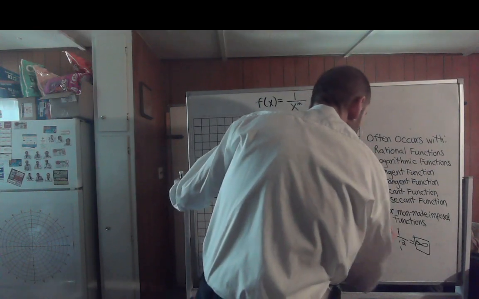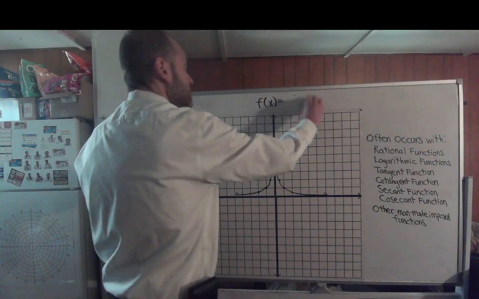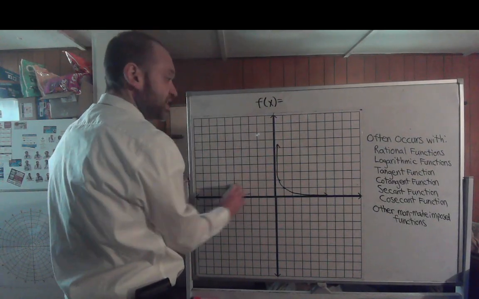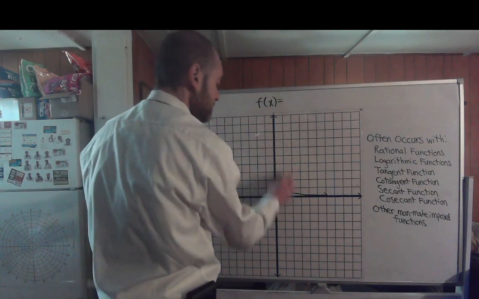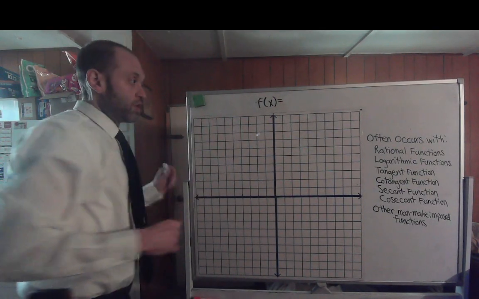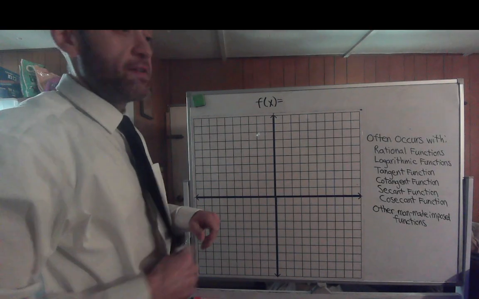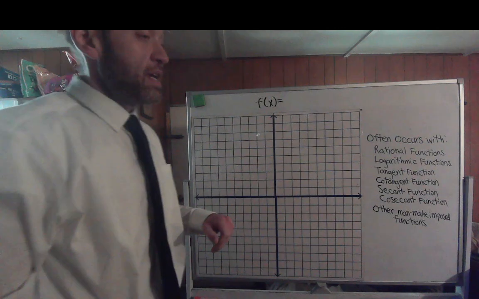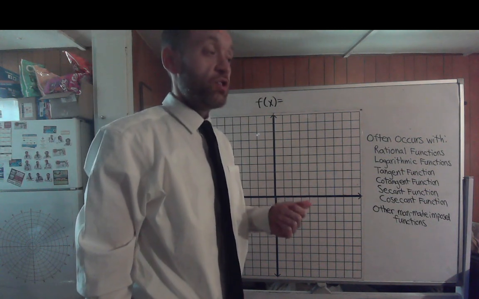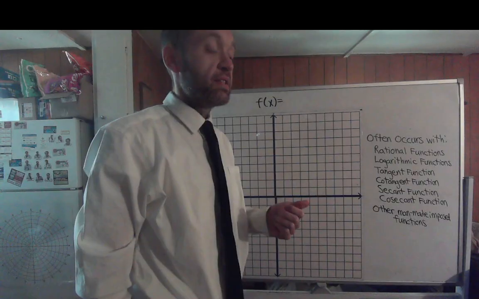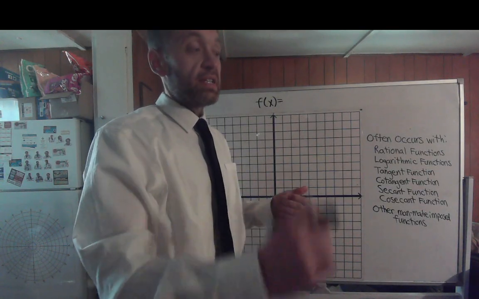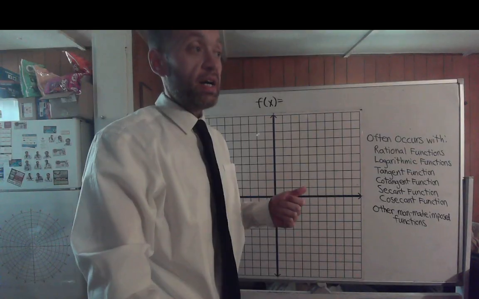What else? Now, for 4 out of the 6 trig functions, you're also going to have infinite limits. Sine and cosine don't have infinite limits because the range oscillates between -1 and +1.